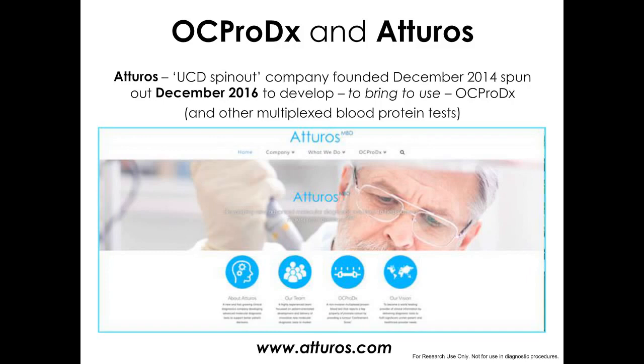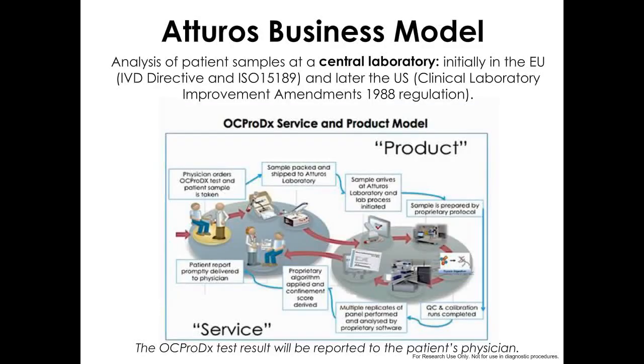And in the consideration for doing that, and funded through a Horizon 2020 EU business development grant, we've established a business model in which the patient sample is taken either in a hospital or a phlebotomy department, and that sample then is sent to the laboratory, in this case the Atturos laboratory, where the test is performed on a triple quad mass spectrometer, and then the score, which is obtained through a proprietary algorithm, is sent back to the patient and the physician. And so the testing is done in a centralized laboratory.